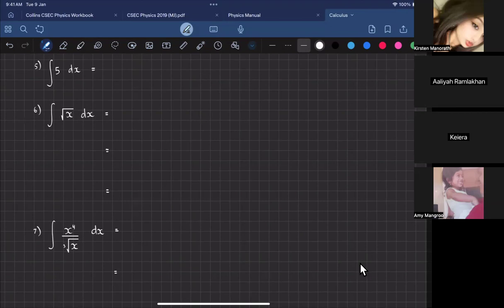Right, so Alia, what do you think? If I integrate 5, what do you think I'll get? Let me check something. 5 is the same thing as 5x to what power? 0.